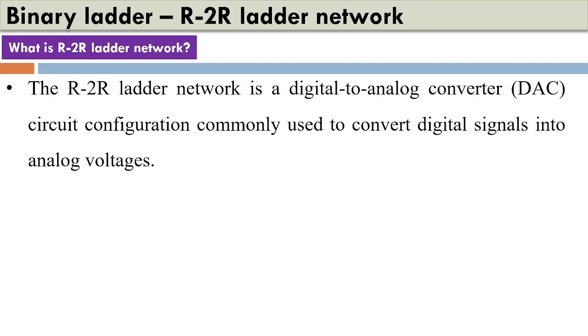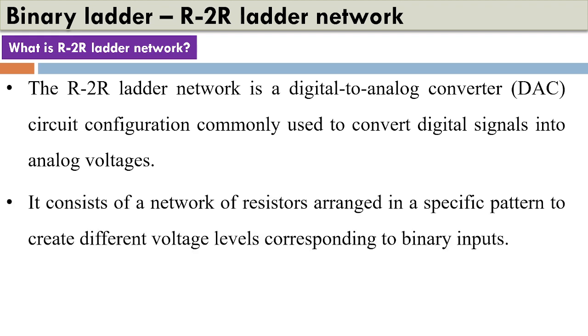Well, when we are talking about digital to analog converters, the R2R ladder network is one of the types, and in this circuit configuration, it is commonly used to convert a digital signal into its corresponding analog voltage.